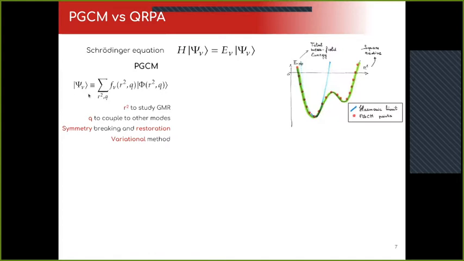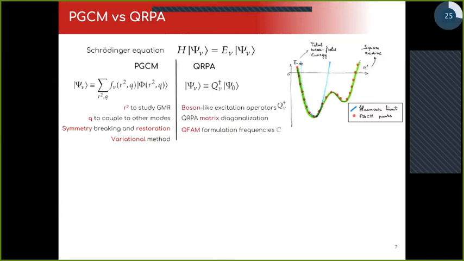This method is particularly interesting because it allows us to restore the symmetries which are explicitly broken in this kind of method, so to restore the original symmetries of the Hamiltonian problem. And all in all, the linear coefficients determining this solution are determined variationally.